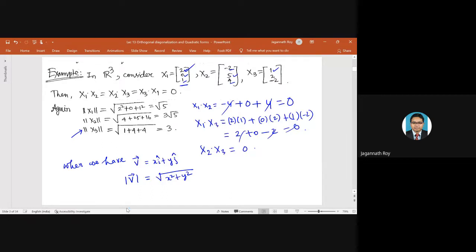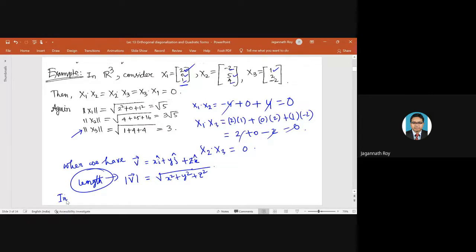But if we have 3 variables also, or z k, then we call it the length of the vector. In 2 dimension, 3 dimension, you can call it a length.